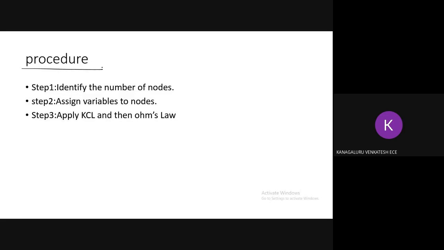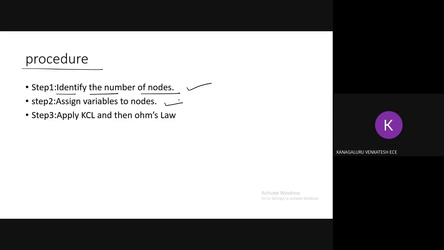The procedure has three steps. Step one, identifying the number of nodes. For a given circuit, we are supposed to identify the number of nodes. Step two, after identifying the nodes, assign some variable.